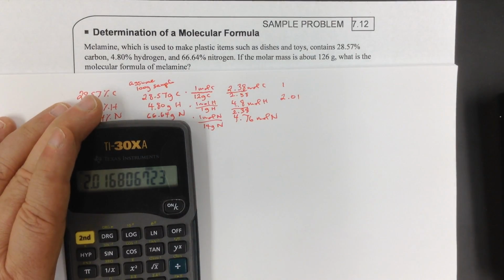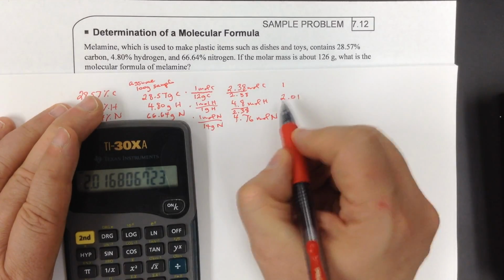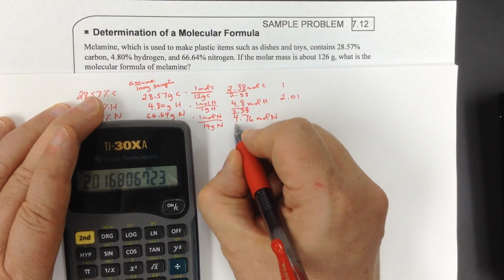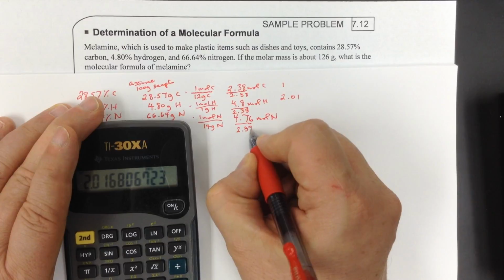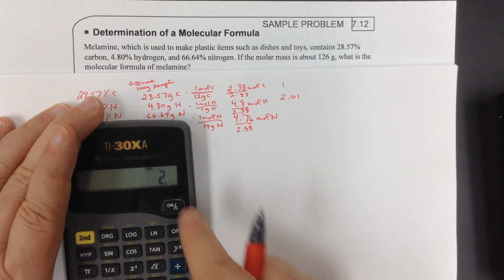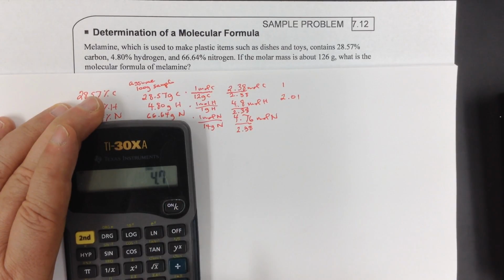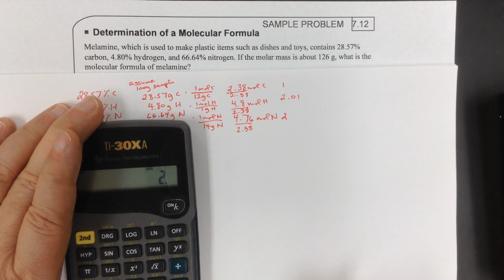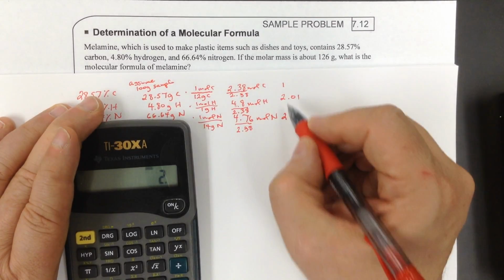That's very close to 2, so I can do a little bit of cheating and ignore that 0.01. If I take 4.76 and divide by 2.38, oh, it's a direct 2. That's nice. So I've got 1 to 2 to 2.